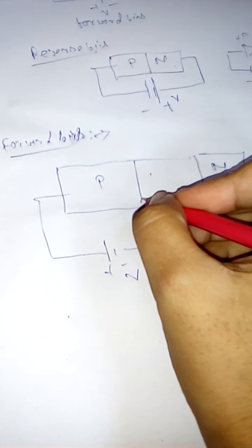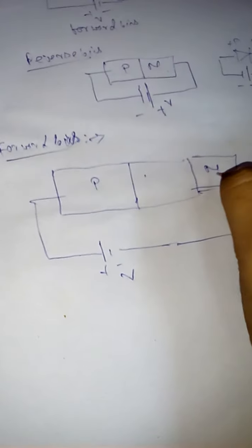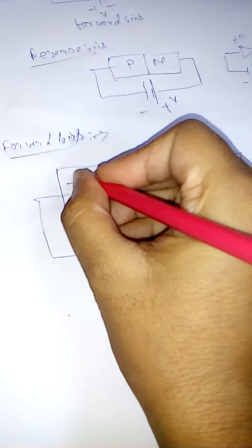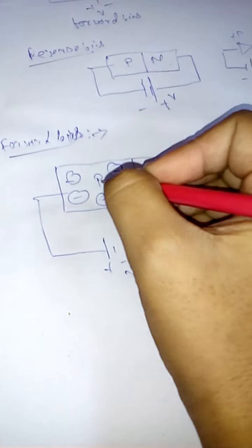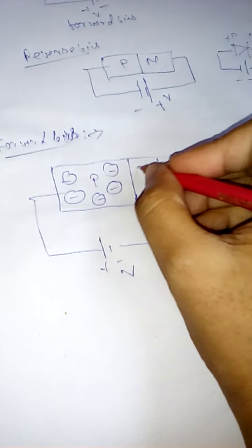In the P type, the majority carriers are holes and in the N type, electrons. We draw it, and the depletion layer we show here.